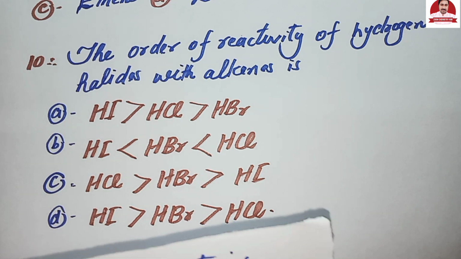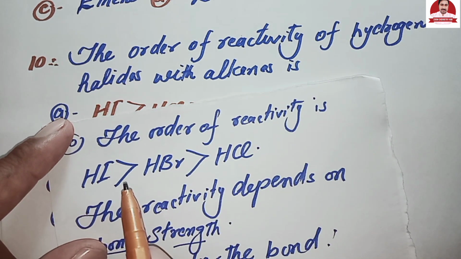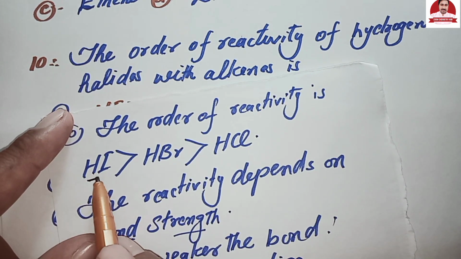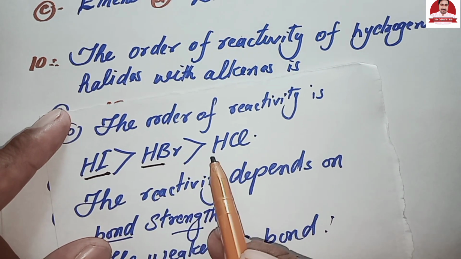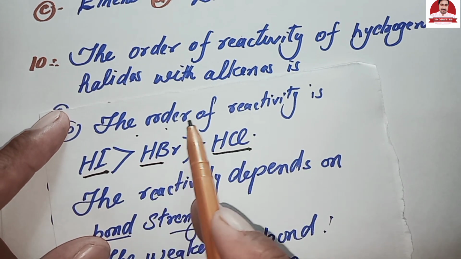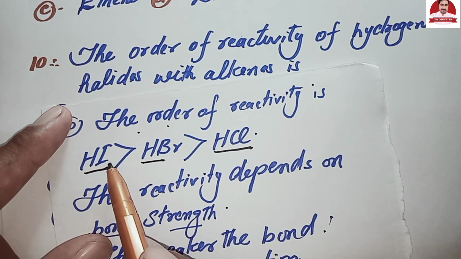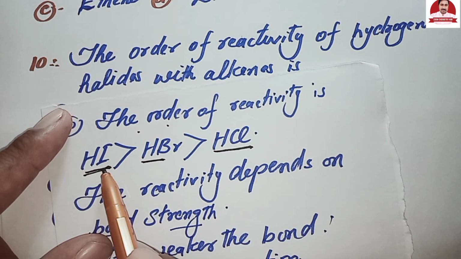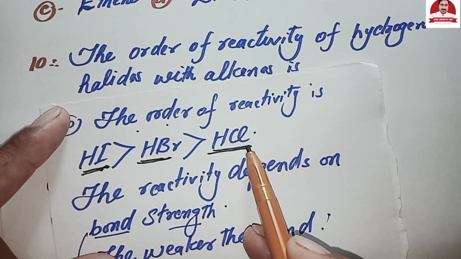And we know that the order of reactivity is hydrogen iodide, then hydrogen bromide, and then hydrogen chloride or HCl. This is the order of reactivity. Most reactive is hydrogen iodide, then hydrogen bromide, and then hydrogen chloride.